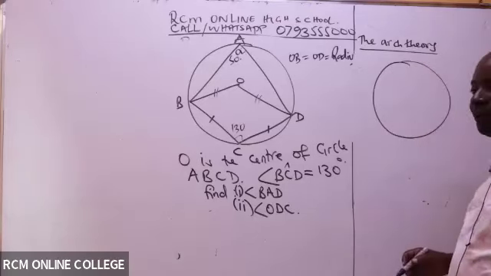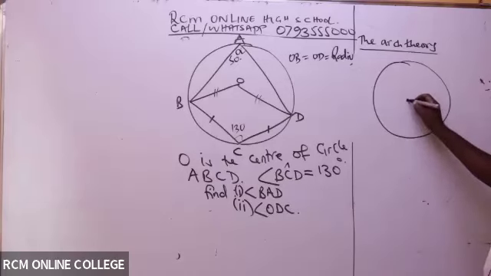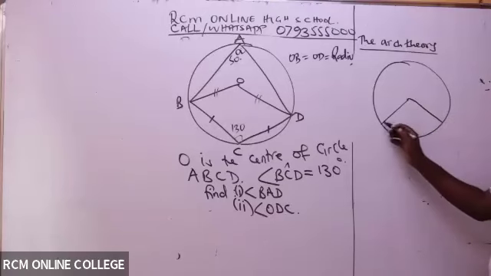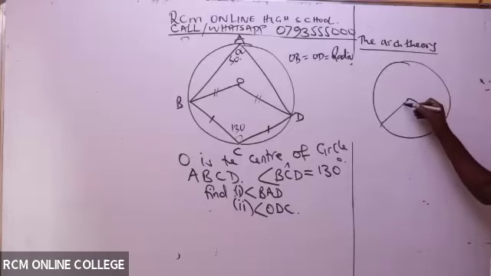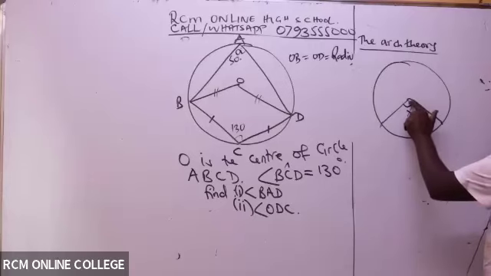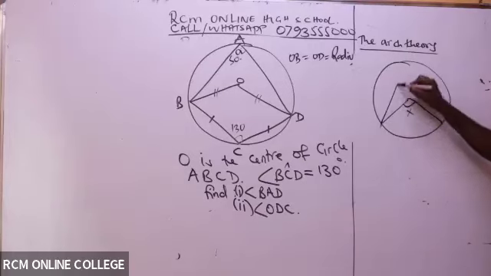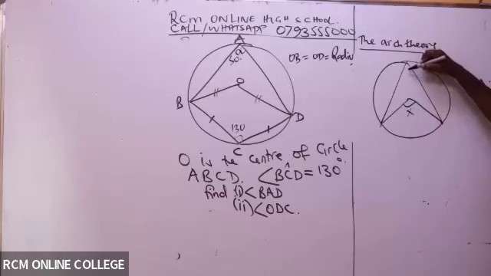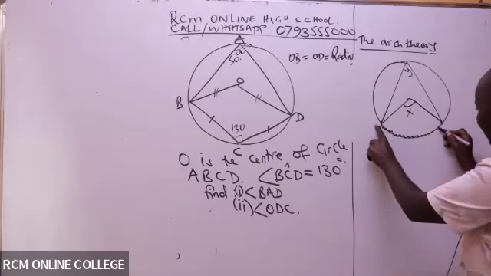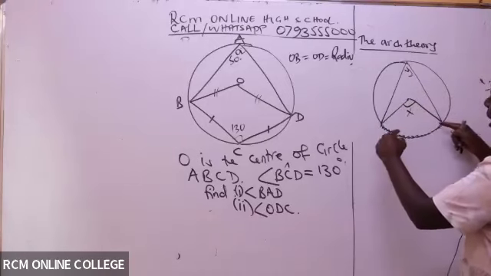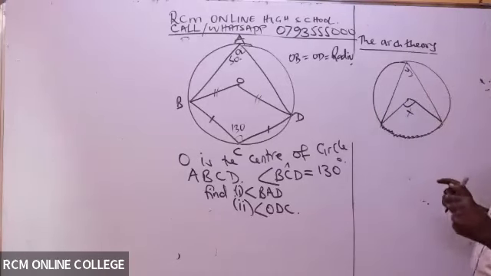If we take a small arc here from here to here, this arc is able to support a particular angle at the middle, call this angle X. And if I extend something here, it is able to support an angle at the circumference, call that angle Y. So remember, it is the same arc. This arc is supporting an angle at the center, and it's supporting an angle at the circumference.